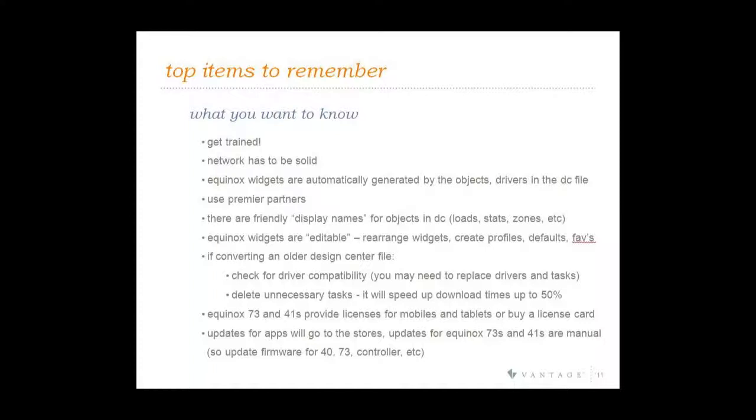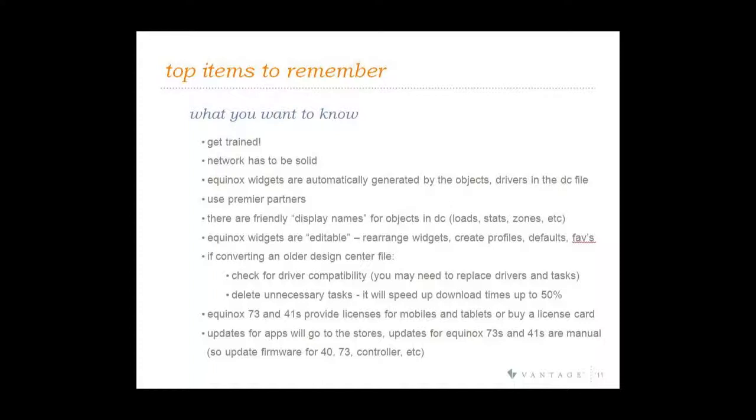So as you delete all of those hundreds of tasks that you were using for each zone, you will tremendously do two things. One, decrease the file size, and you will speed up the programming time as you download to the processors. We're already really fast at download times, as you guys can attest, but will be even faster as you get rid of unnecessary tasks.